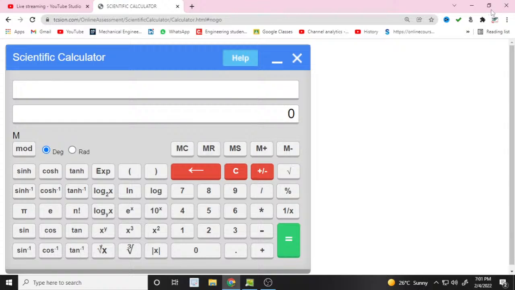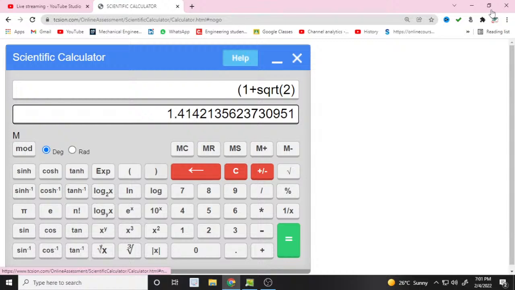Then 1 plus root 2, so 1 plus first number, then function into bracket. So bracket, importance of the bracket, because if you use the function here then we will get the wrong answer. So cos of this answer, and that we have to subtract.